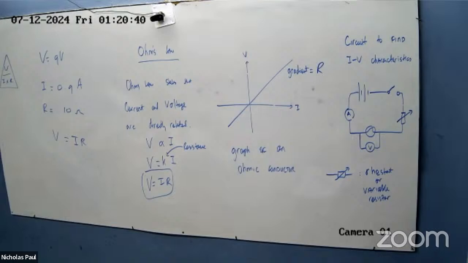This circuit here is a circuit that you have to draw anytime you are asked to find the IV characteristics. There are other things we need IV characteristics of, like a diode, but I'll give that later when we come to diodes.